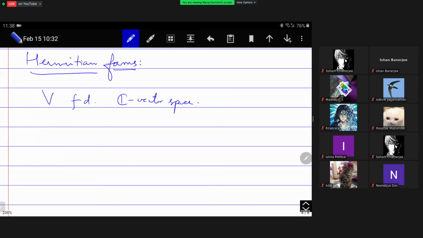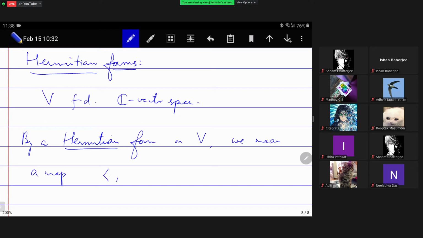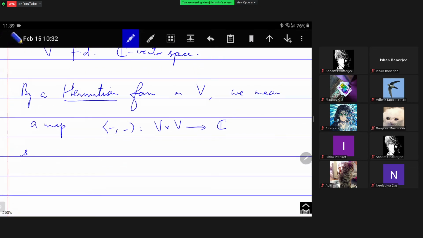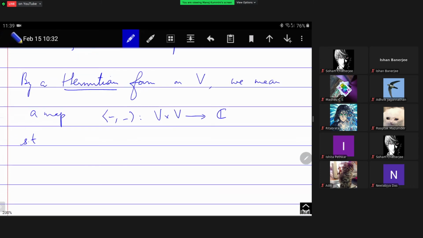By a Hermitian form on V, we mean a map, again denoted by angle brackets, to C such that, so here there is a slight difference: it is a complex conjugate on the first factor, so it is conjugate linear on the first factor and linear on the second factor.